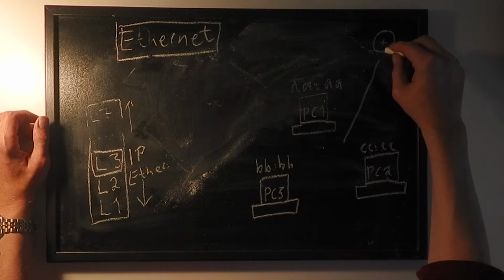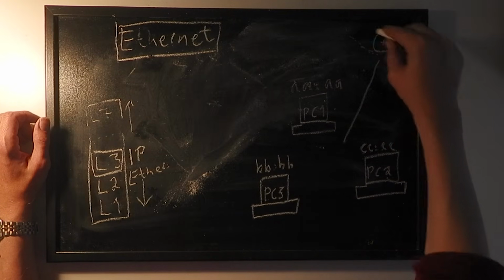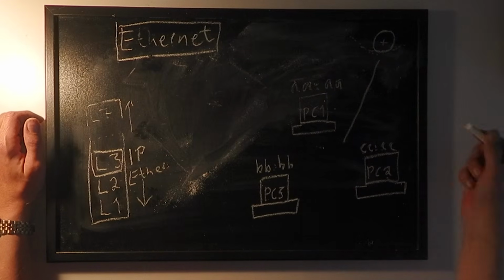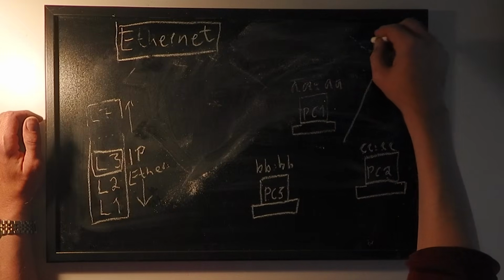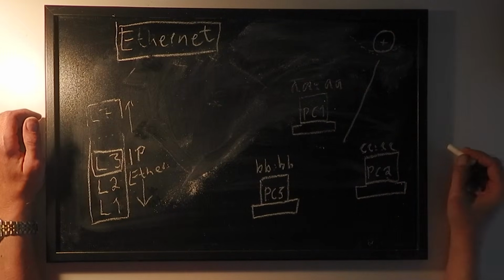So this port on the router is part of this local network, but on the other side of the router, there's another local network. So the limit of the local network goes where the router is.